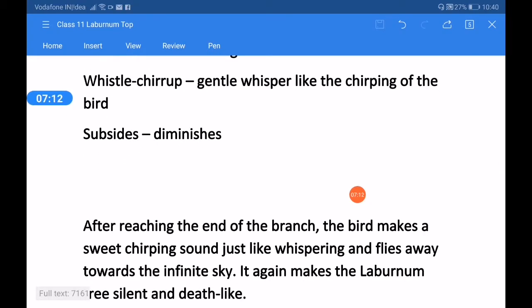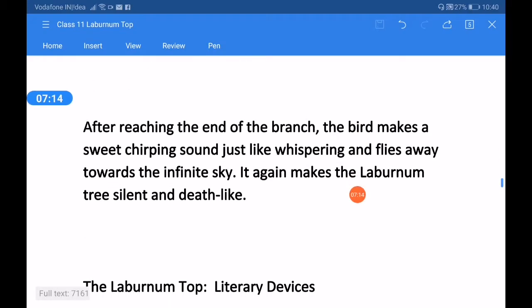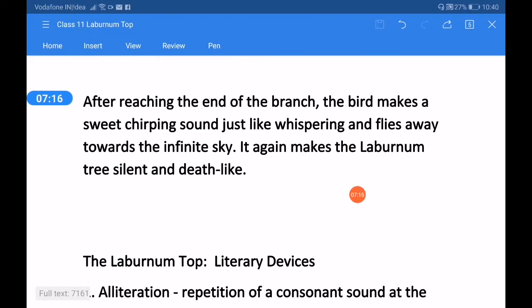Subsides means here diminishes or vanishes. Explanation of the above stanza is: after reaching the end of the branch, the bird makes a sweet chirping sound just like whispering and flies away towards the infinite sky. It again makes the laburnum tree silent and death-like.